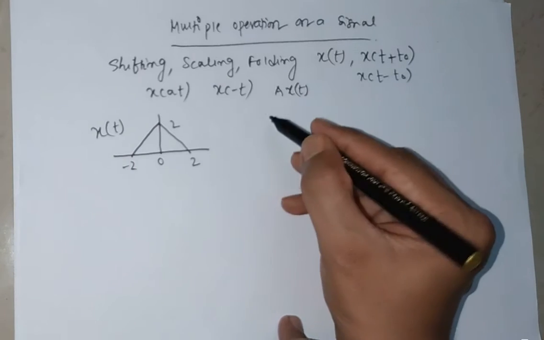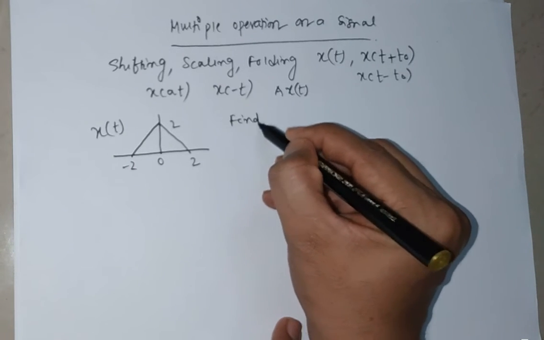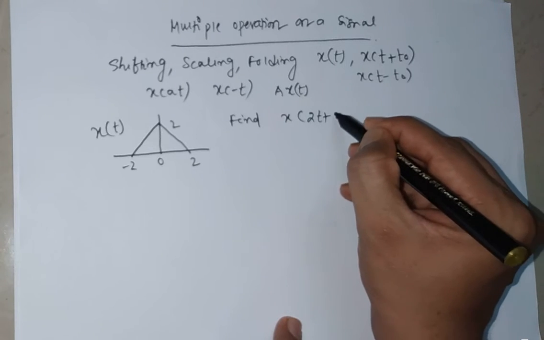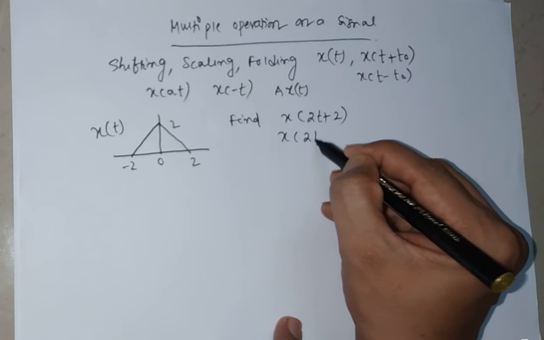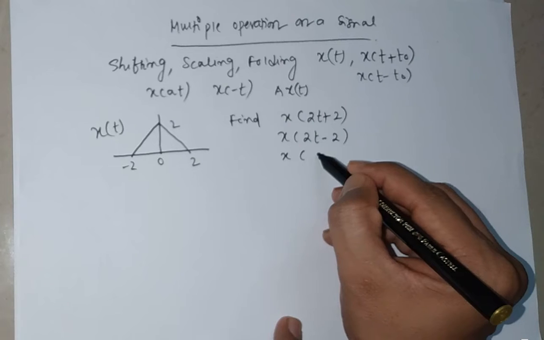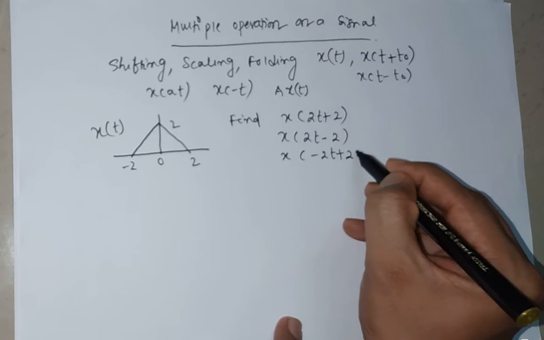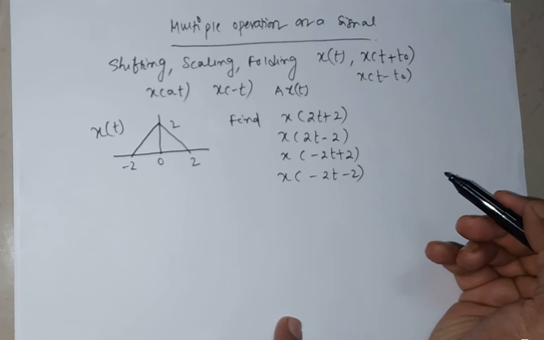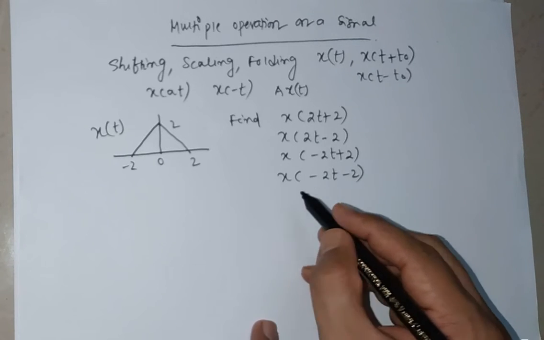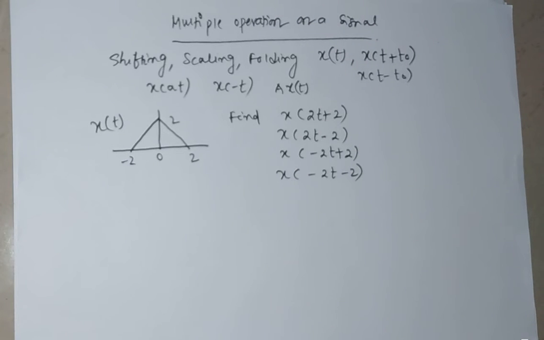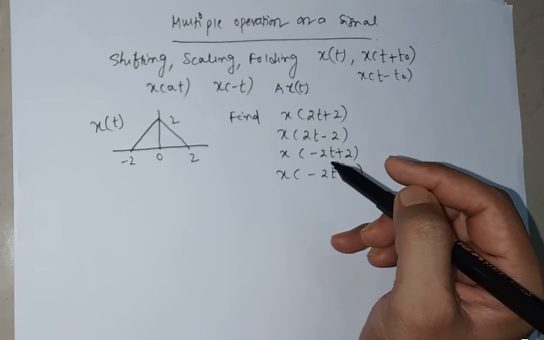Now find x of 2t plus 2, x of 2t minus 2, x of minus 2t plus 2, x of minus 2t minus 2. If you understand these 4 questions, you can do any signal operation.